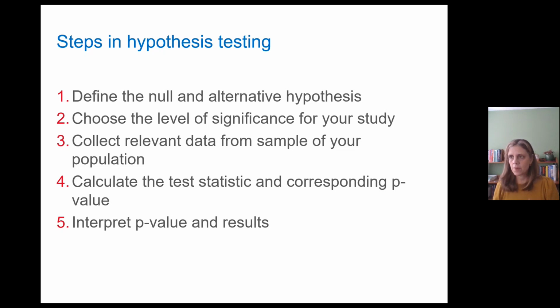We'll talk a bit later on about the types of tests, how you select the right tests and which tests are appropriate for which type of data. But it's the same for all tests, in that you will use that test to calculate a test statistic and a corresponding p-value. And that p-value then helps you interpret your results.